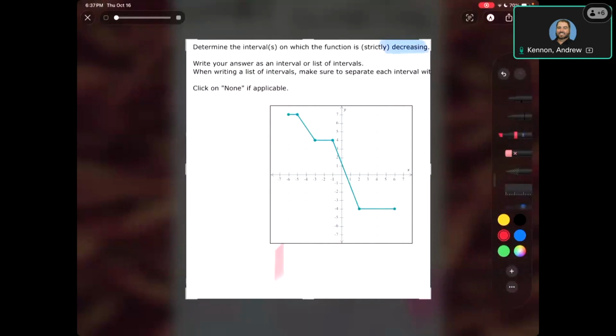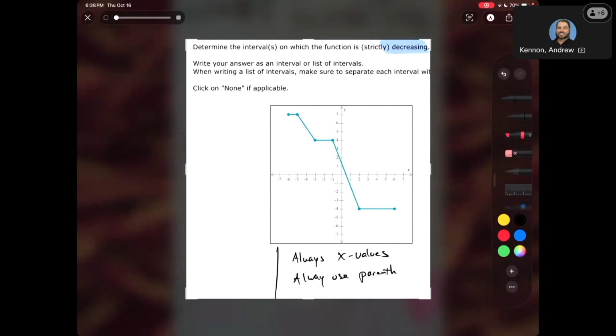For decreasing, increasing, and constant, you always want to use your parentheses and you always want to use your x values, because x tells you where it is. I don't care how much it's increasing or decreasing. I just want to know where it is increasing.